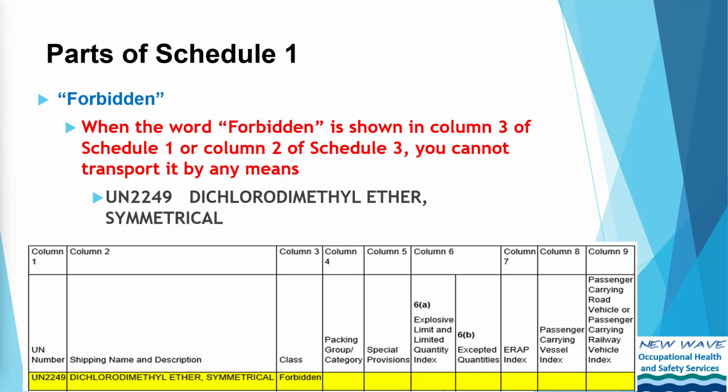Now, Schedules 1 and 3 often include the word forbidden at various places. When the word forbidden is shown in column 3 of Schedule 1 or column 2 of Schedule 3, you cannot transport it. For example, dichlorodimethylether cannot be transported by any means.